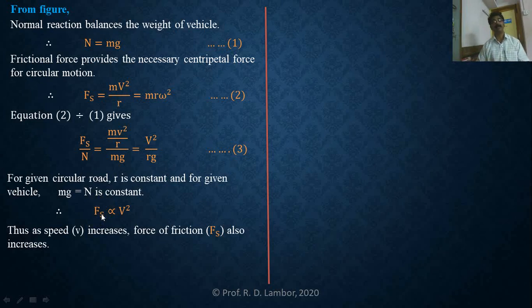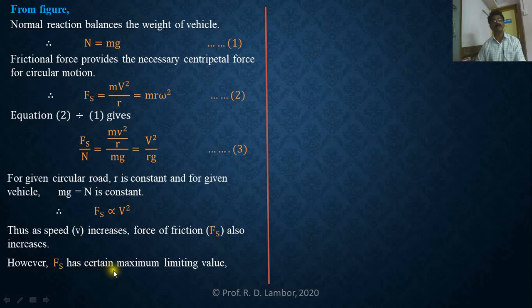Then, if frictional force decreases, centripetal force decreases, and your vehicle will not be safely driven along the circular track. So first of all, we will see what is the maximum limiting value of the frictional force.